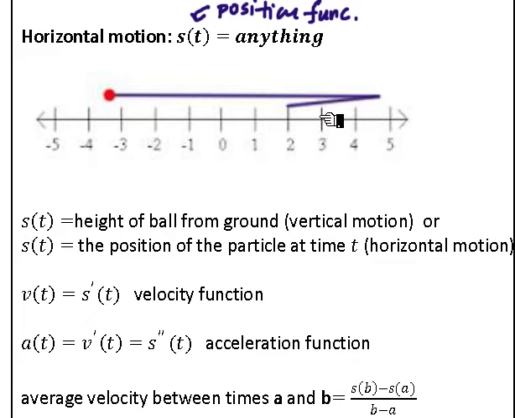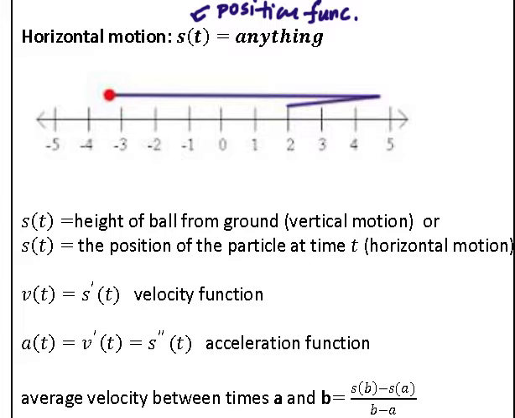And then it just moves. In this picture it's moving to the right, and then it's moving to the left. At any particular time, s of t is going to give you the position of the particle on the x-axis. As far as the units go, we're just going to say that s of t is equal to units of distance, and t is equal to units of time. We're not going to assign any particular units.